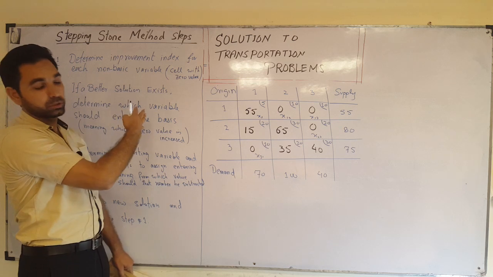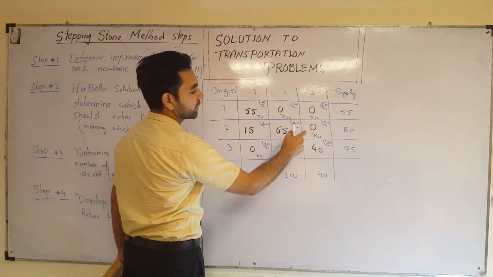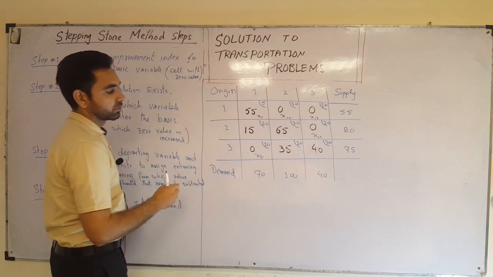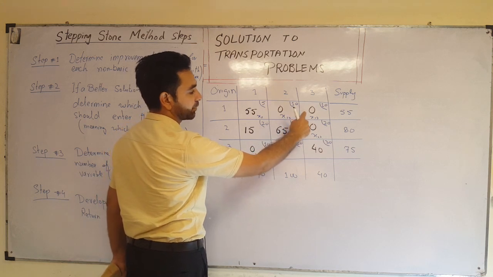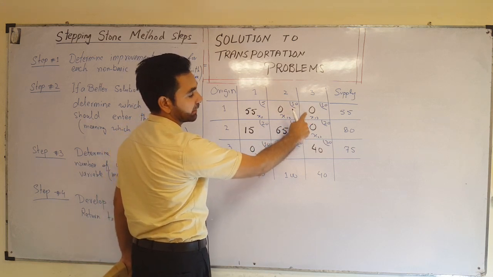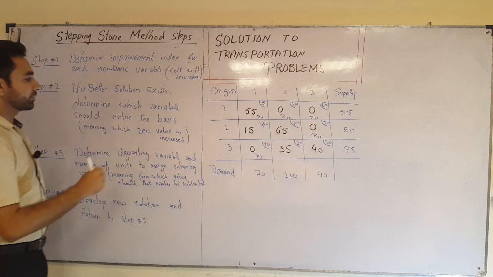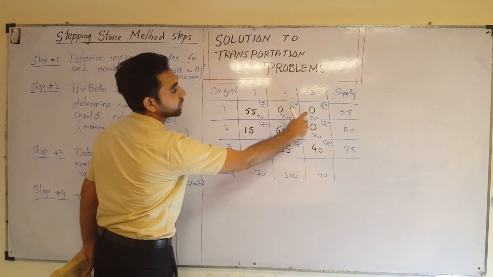You will know which one should be improved, so you have to increase that 0 into some number. This is called the entering variable. So this would be non-basic, this will become basic, right? The value of this one would increase from 0.